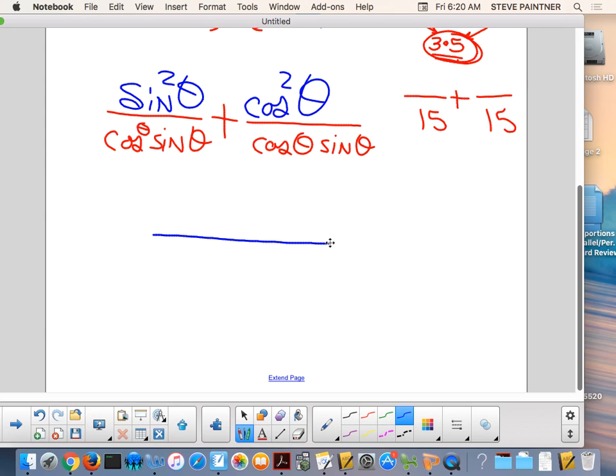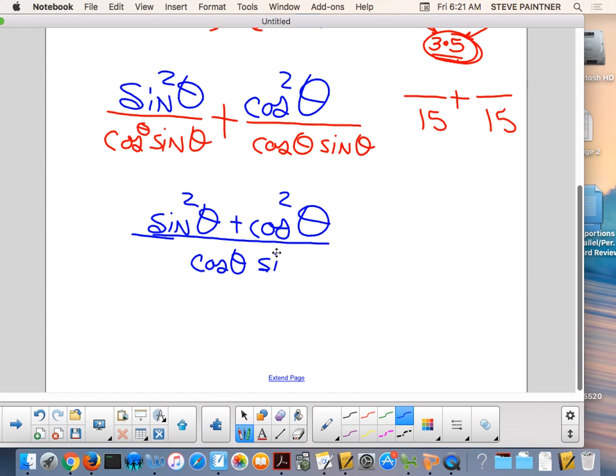Oh, well now you got to look and say, well, you're adding two fractions. The numerators get added, and you cannot join a sine function with a cosine function. So they stay apart. They don't get joined together. So the common denominator doesn't change. It never changes. It just stays exactly the way you had it. Cosine sine. Well, by looking at this, it looks like on top you got sine squared plus cosine squared.